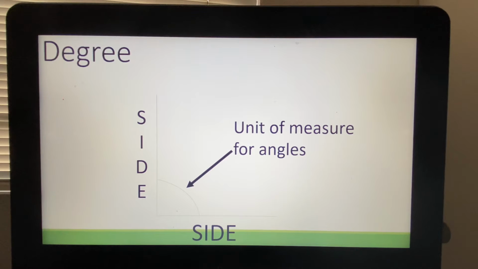In terms of measuring angles, our unit of measure is a degree. So you'll see this a lot. You'll see this curved line on all the questions, most triangles. This is the degree.